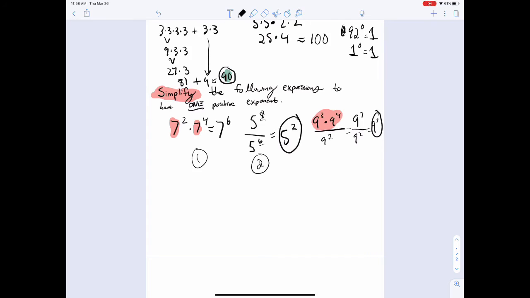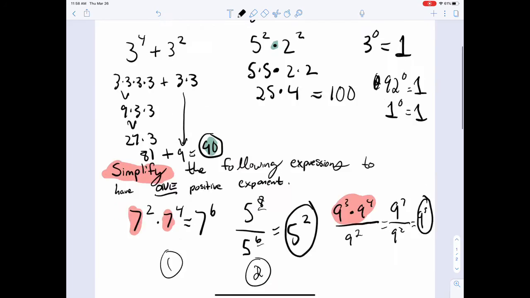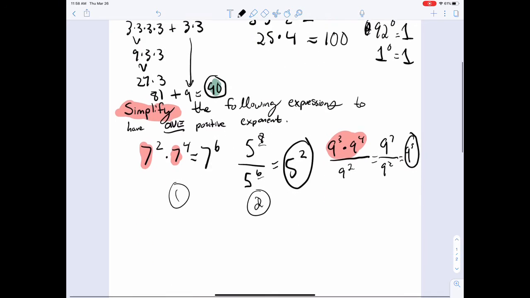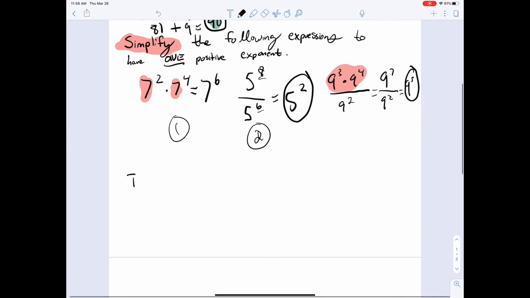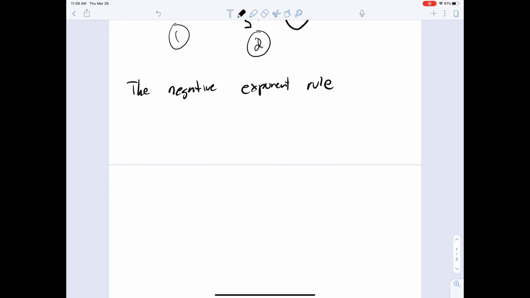Now, the other new thing is, just like anything to the 0 power is 1, we're going to have a simplifying rule. This is called the negative exponent rule. So what that says is if you have like 5 to the negative 2 power, what that equals is just 1 over 5 to the 2.